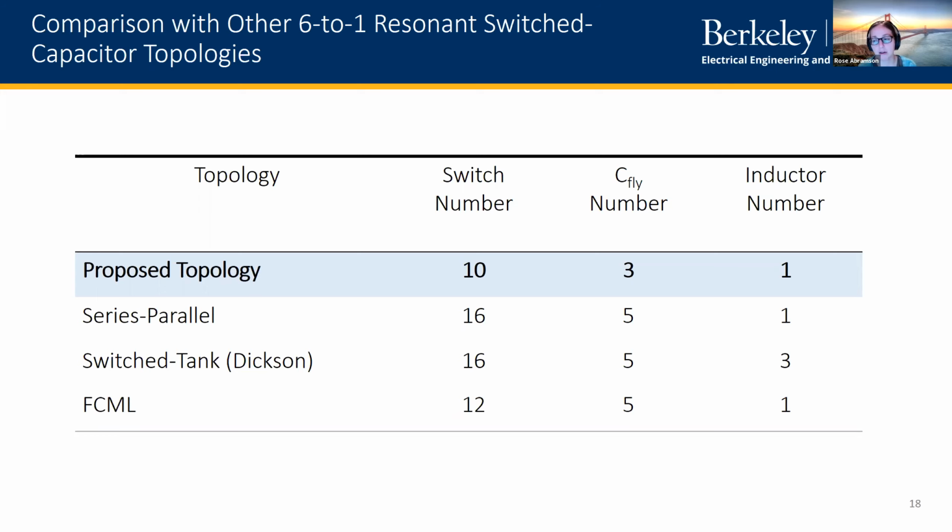And one thing to point out with this comparison, though, is that the Dixon converter now requires 3 inductors. And so inductors, as you guys know, can add a lot of bulk to a topology. So depending on how you design this, it might take up a lot of volume to have 3 magnetic components, especially because these components will have to carry a lot of current at the output depending on what your converter is rated for.